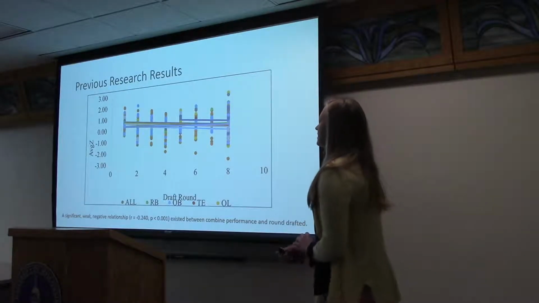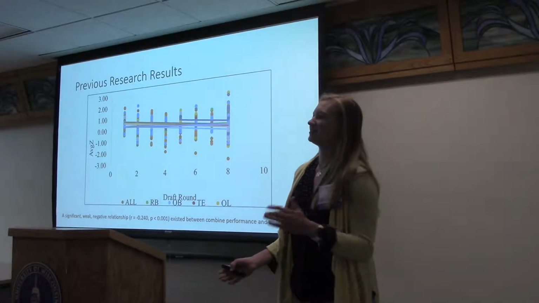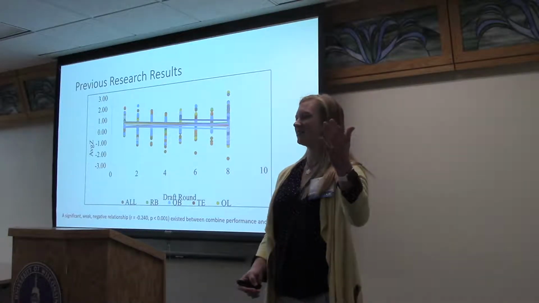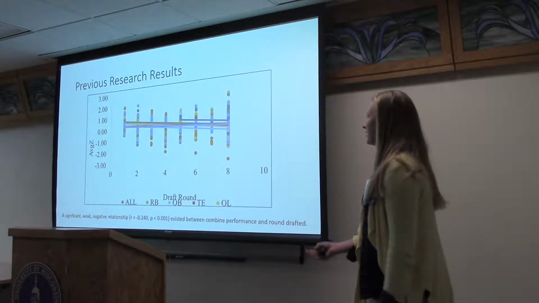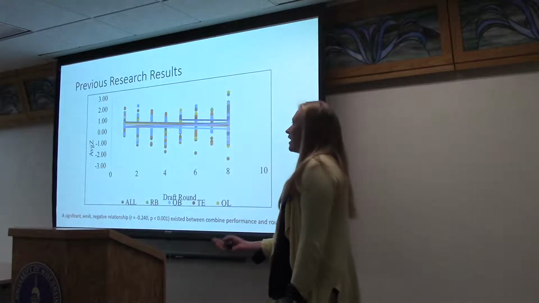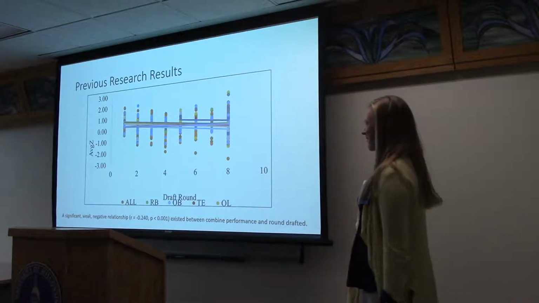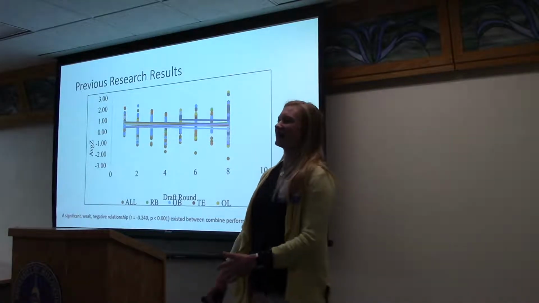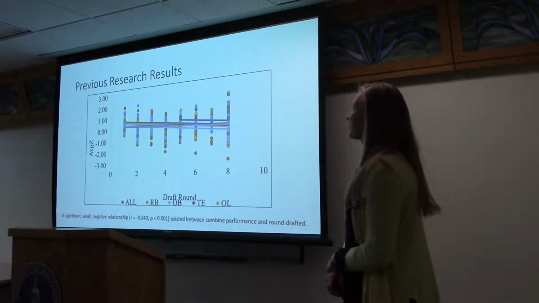You would expect this, as you would want the people who had better Combine statistics drafted earlier than later. Also, what was interesting is I found that quarterbacks have no correlation with how they did at the Combine, as you would probably expect. But running backs had a higher correlation, and there was a correlation there.